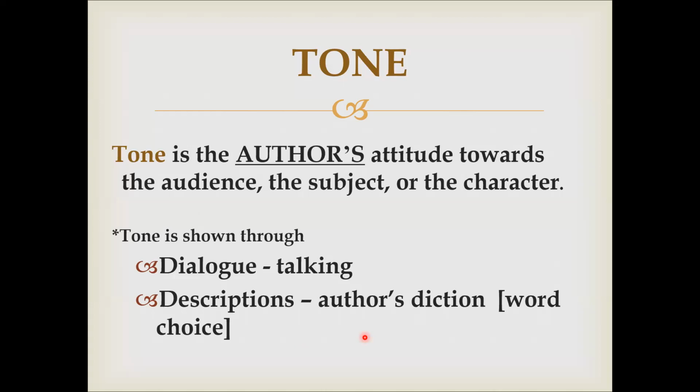Tone is the author's attitude towards the audience, the subject, or the character. Tone is shown through dialogue, talking, descriptions, author's diction, word choice. And what does diction mean? Word choice. Very good. So the words that they decide to use.